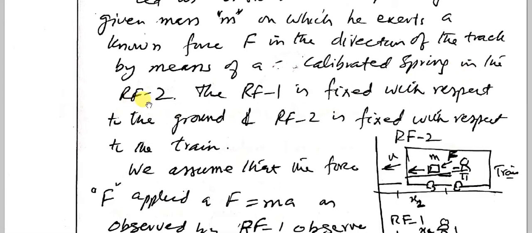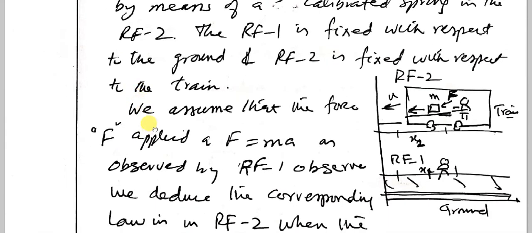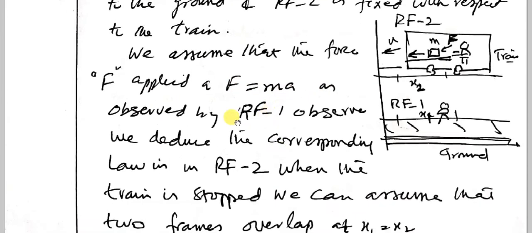The calibrated spring is in reference frame 2. Reference frame 1 is fixed with respect to the ground, and reference frame 2 is fixed with respect to the train. We assume that the force F applied is F is equal to ma, as observed by the reference frame 1 observer.